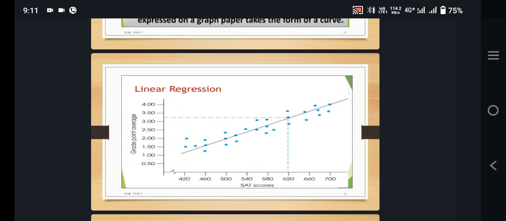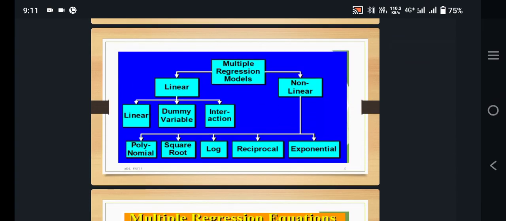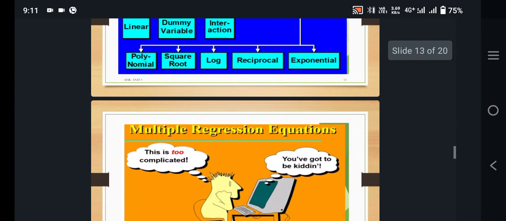The linear regression is represented in this manner. Linear regression is again classified into linear regression and dummy variable interaction. Non-linear regression models are again classified into polynomial, square root, log, reciprocal, exponential.